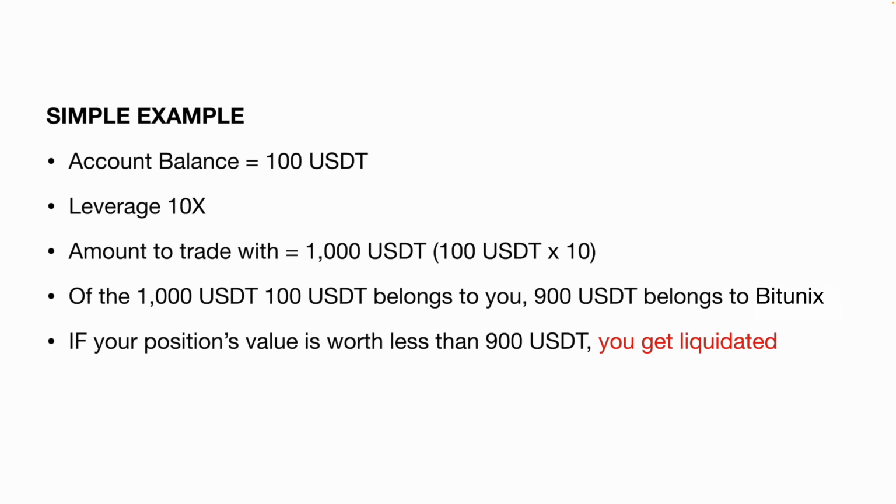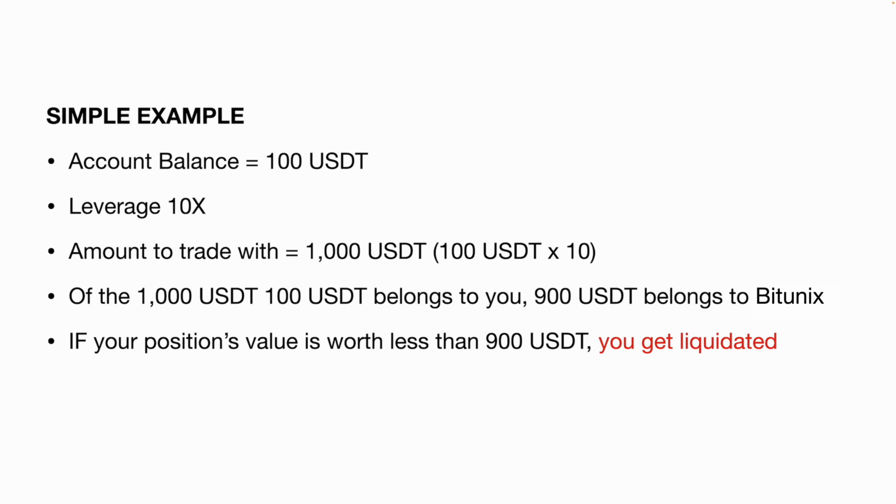So here's a simple example, but in real trading, it's a bit more complicated than this. Let's just say that you only have 100 USDT in your account. You leverage that by 10 times, which means that you now have 1000 USDT to trade with, which you use to enter a trade. Of that 1000 USDT, 100 USDT belongs to you and 900 USDT belongs to Bitunix.